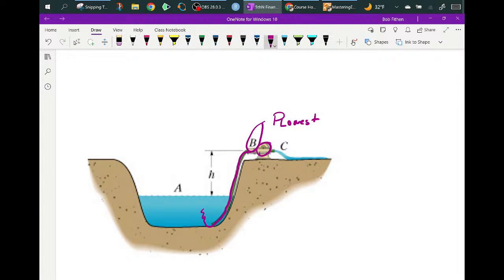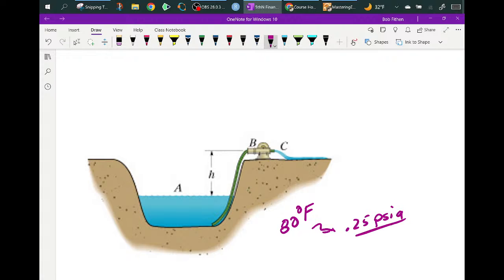That being the lowest pressure, there is a possibility that the water can boil. As you well know from thermo, if you drew 80-degree Fahrenheit water down to around, I think it was 0.2 psi absolute, it will start vaporizing. That can happen in a fluid.